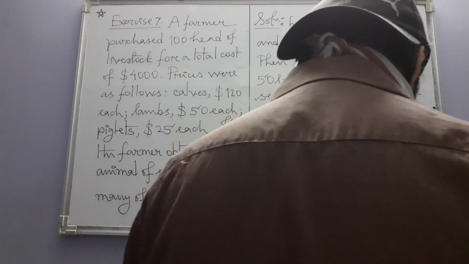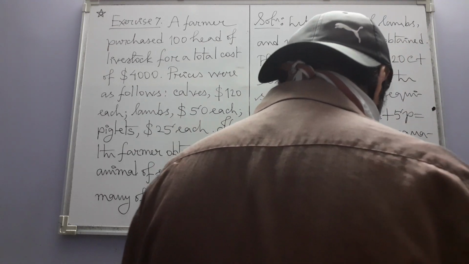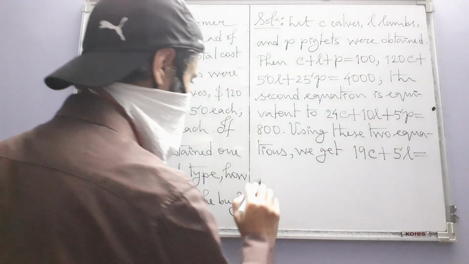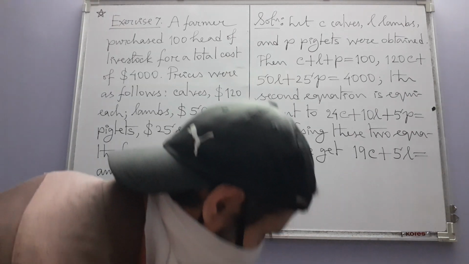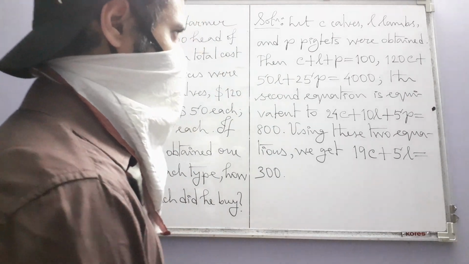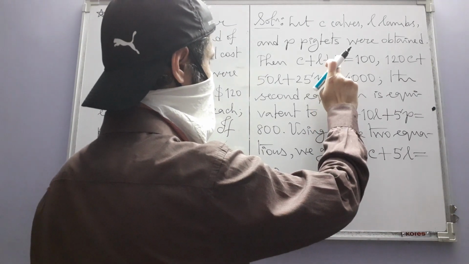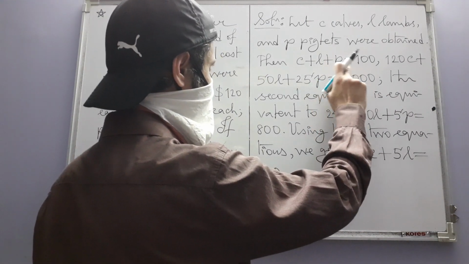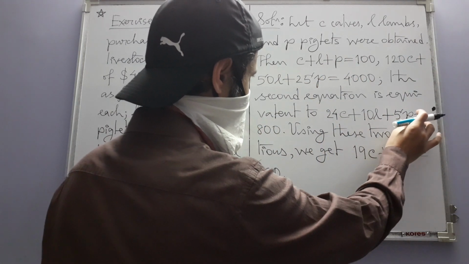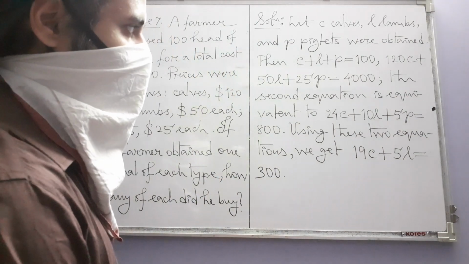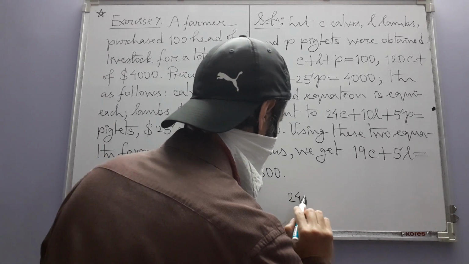But here also, instead of just suspecting if something is wrong, let me actually see. So what we have done is that in place of P, we have written 100 minus C minus L. So what goes on when you write that here in place of P? 100 minus C minus L. Let me quickly see.